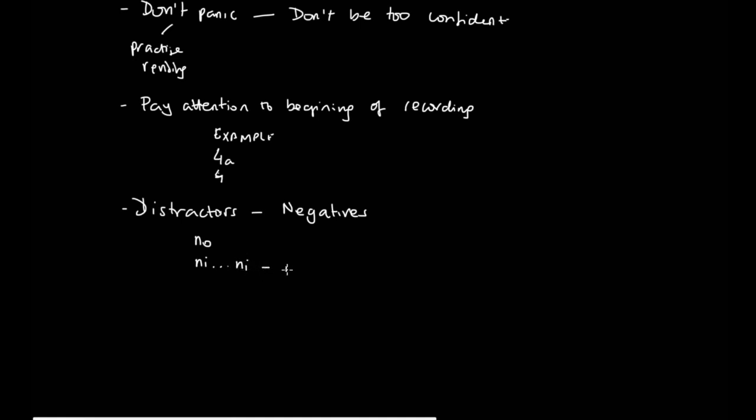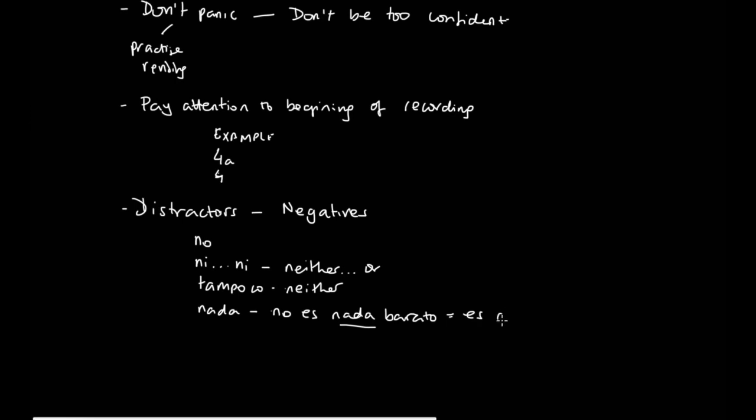Ni, neither, or neither or. Tampoco, neither or either. Okay. Other words like nada, nothing, or in the construction no es nada, for example, no es nada barato, it's not cheap at all. So this means it's the same as saying es caro.